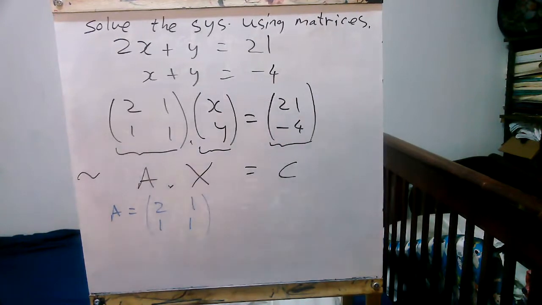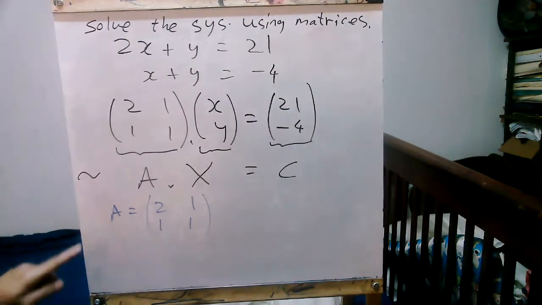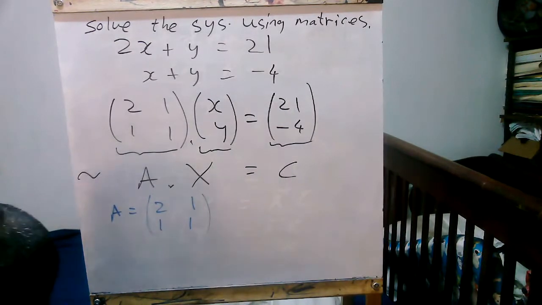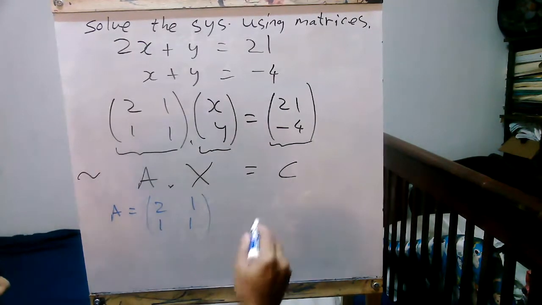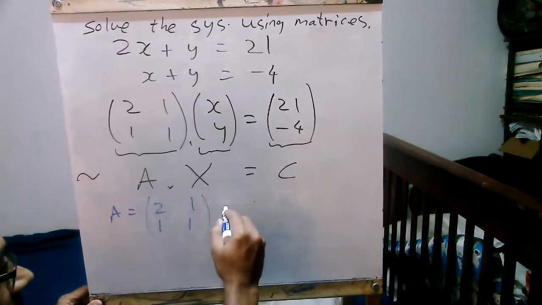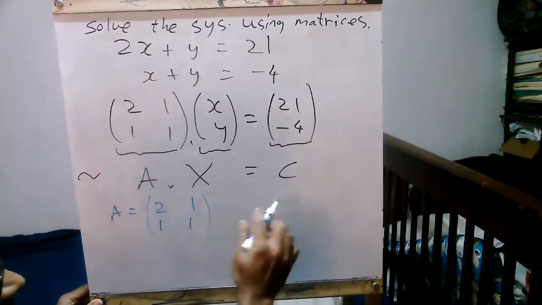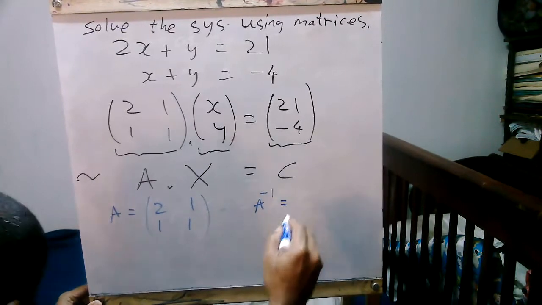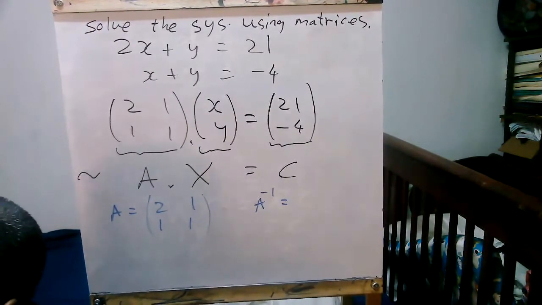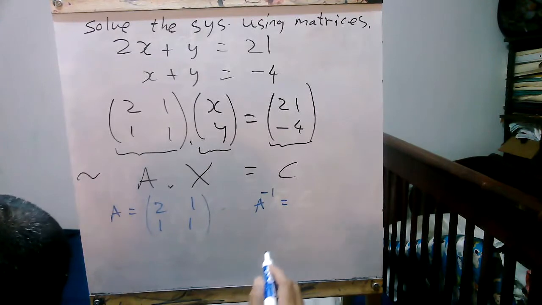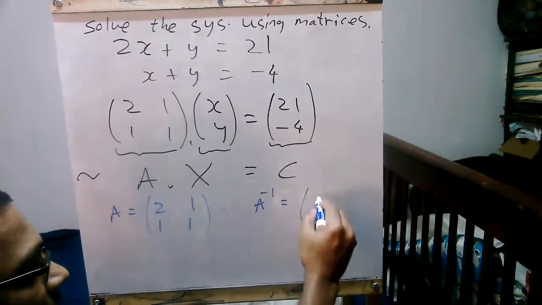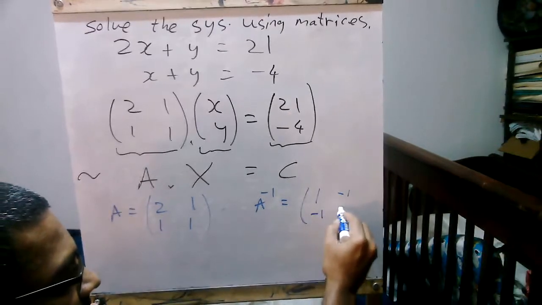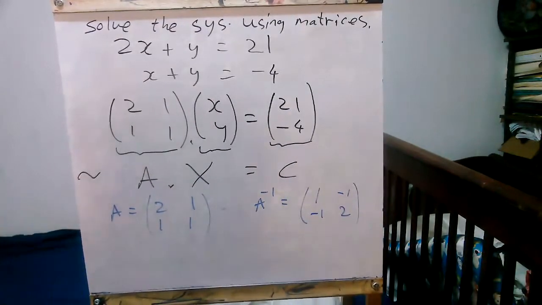In fact, we found the inverse of this matrix before. I'm using the result. A inverse we found as, I write it from here, 1, negative 1, negative 1, 2. This one we found.